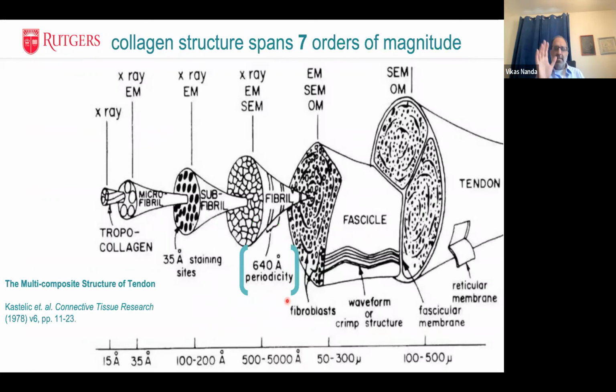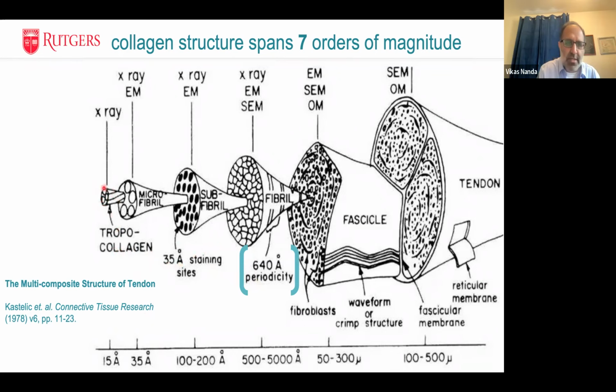And that's just what's happening at the atomic level, at the level of the single protein. Collagen itself actually functions on multiple scales. So here I'm showing you a drawing from a review almost 45 years old, where they're looking at the different scales of structure that collagen can adopt. So we were just looking at a single collagen triple helix. That is one of these fibers right here in this central thing.